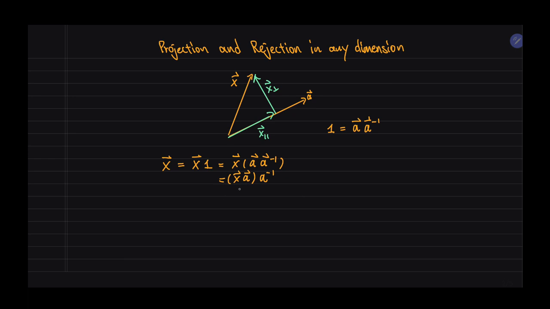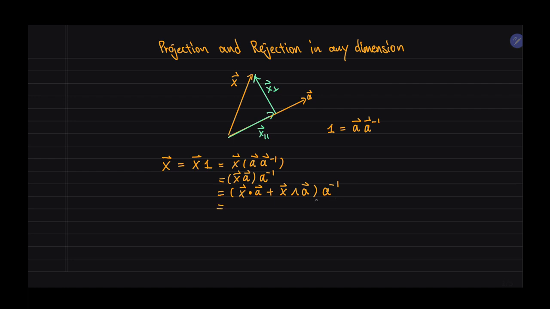And the geometric product from a vector to a vector can be expressed in terms of dot product and wedge product. This means that we can express x dot a plus x wedge a, geometric product a inverse. And the geometric product is associative, and it's also distributive.